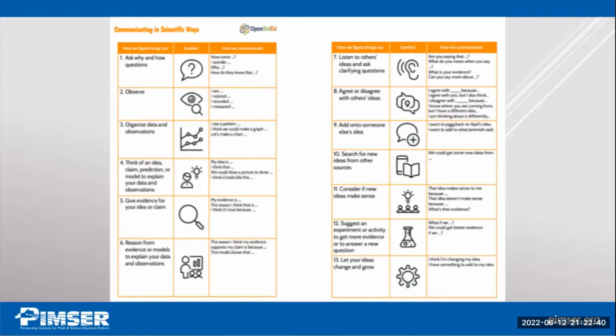The sentence stems provide students a mechanism for sharing their initial ideas, revising or clarifying those ideas, challenging those ideas, and support students in assembling their ideas. So the CSW chart becomes our tool for engaging students in scientific discourse.